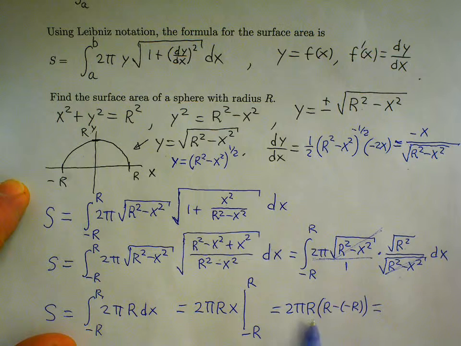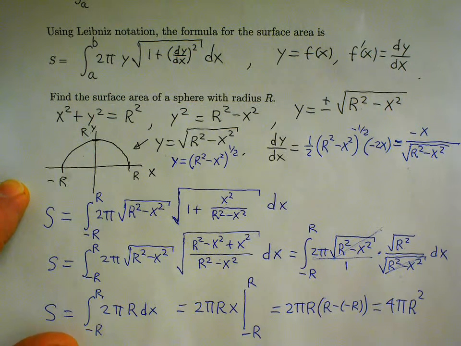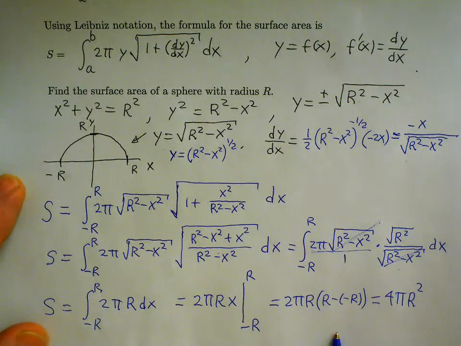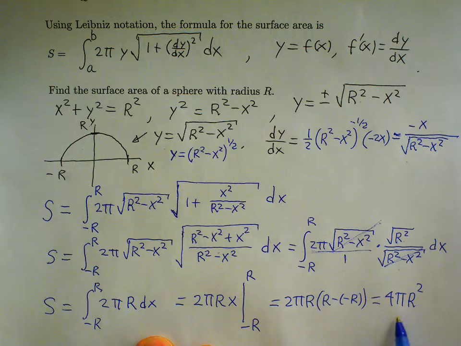And 2 pi r times 2r is 4 pi times capital R squared. So you've probably seen that formula before for the surface area of a sphere. 4 pi times the radius squared.